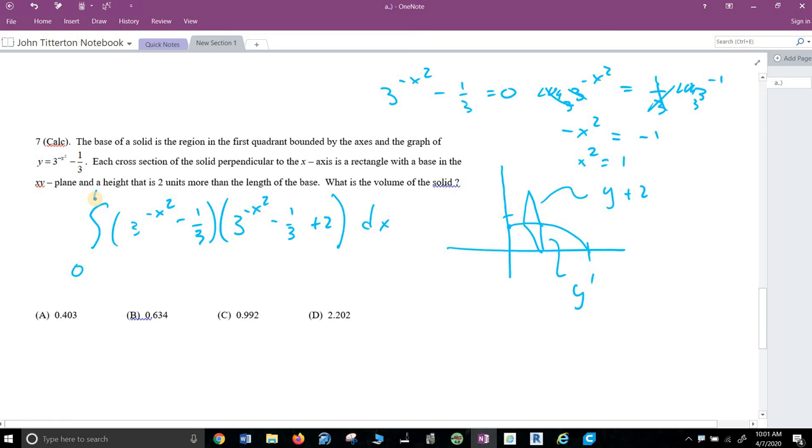And this is going to be a hassle to put in. 3 to the negative x squared minus 1/3, close parenthesis, open parenthesis, 3 to the negative x squared minus 1/3 plus 2, close parenthesis with respect to x. Integrate. I'll be darned, I actually got it right. 0.9922. And I know that's the correct answer.